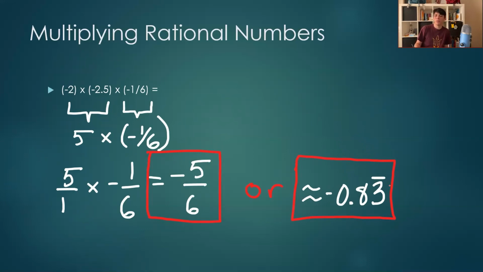So what you usually end up doing is you round it to the nearest hundredth or whatever place value. And if you rounded it, it's going to look the same, just without the bar. So if you approximated it, it's -0.83. Okay, so moving on.